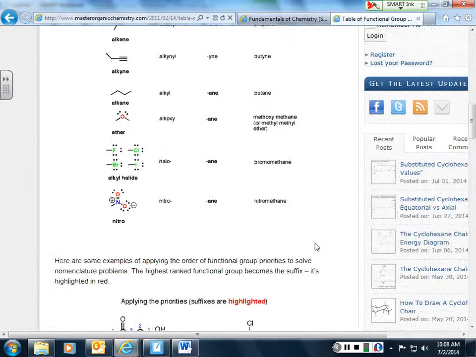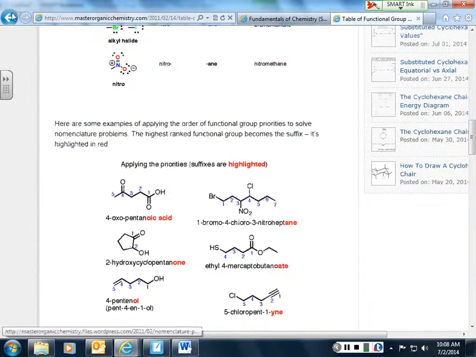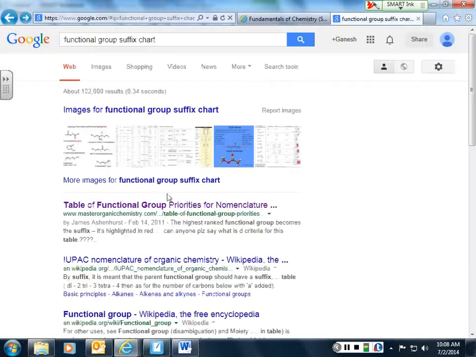This is the chart, but I think it has more than what you need. Let me find a simple chart for you.